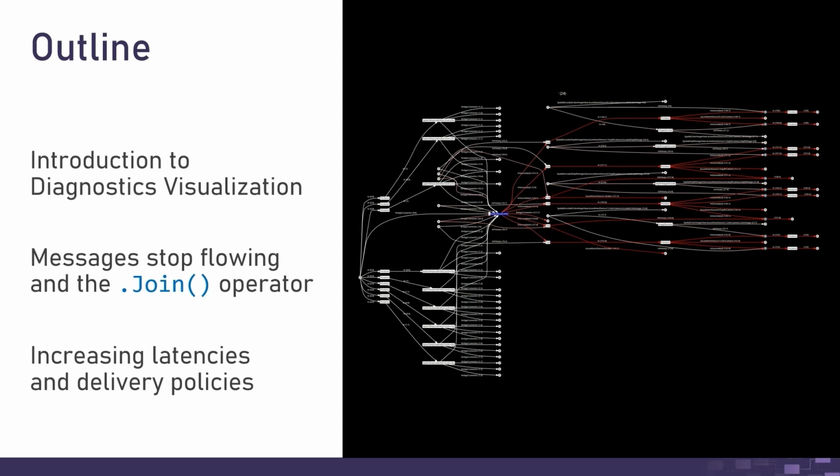Okay, so this brings us to the end of the debugging and diagnostics session. I know there was quite a lot covered here, so let's recap. We talked about how to enable diagnostics and use the diagnostics visualization in Psi Studio. We also covered some core constructs in Psi related to synchronization and controlling message flow using delivery policies.